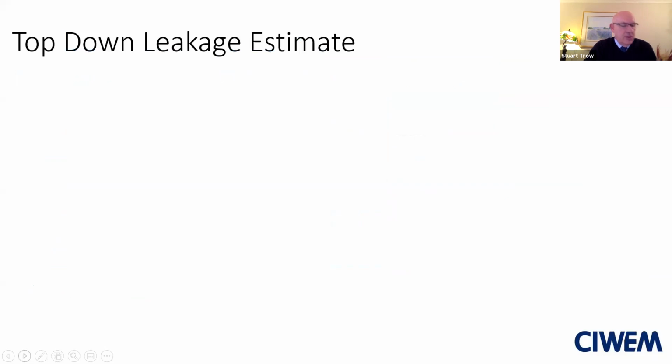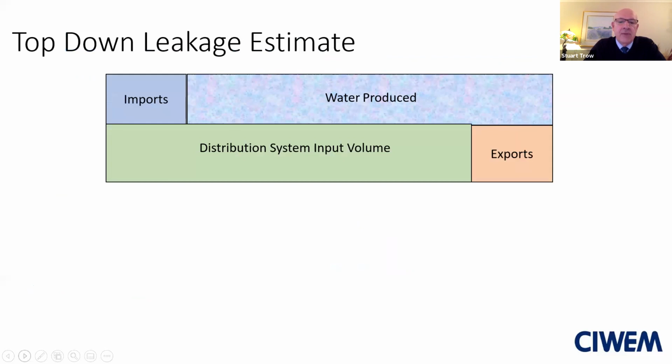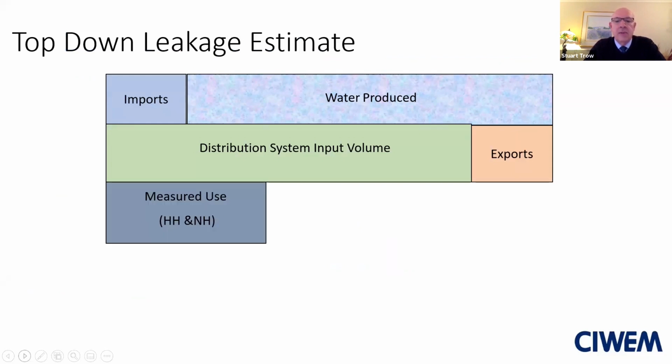So just touching on leakage, I was asked to speak about leakage. There are 2 ways of calculating leakage. The first one is to look at how much water is produced at the supply works, add on any imports from neighbouring companies, take off any exports, and what we're left with is what we call DI, or distribution system input volume.